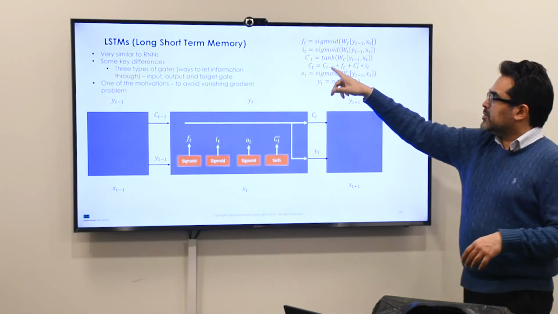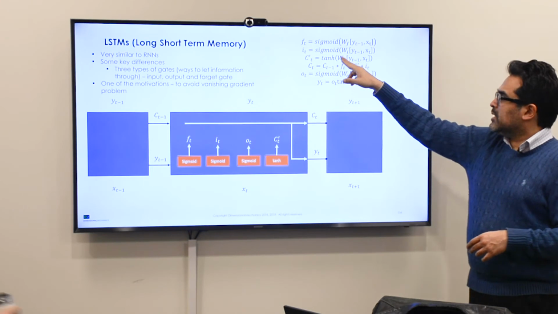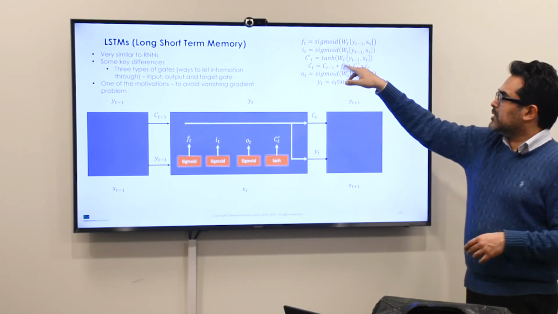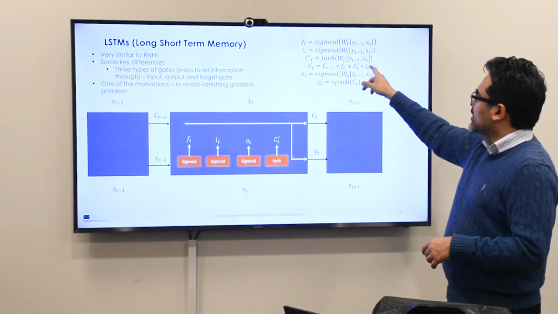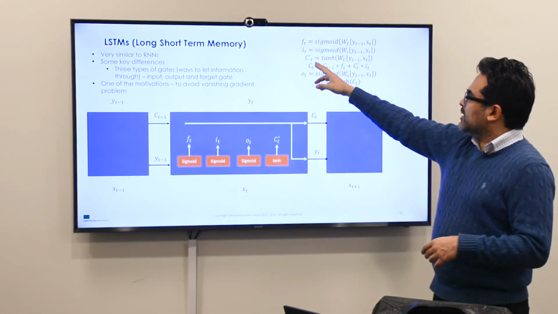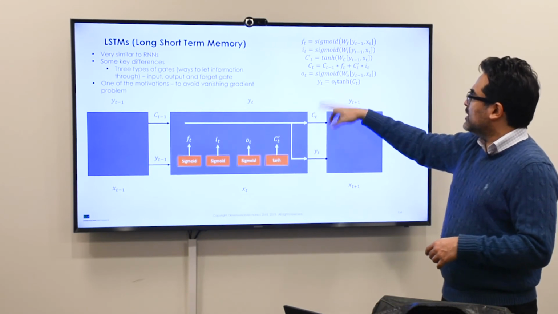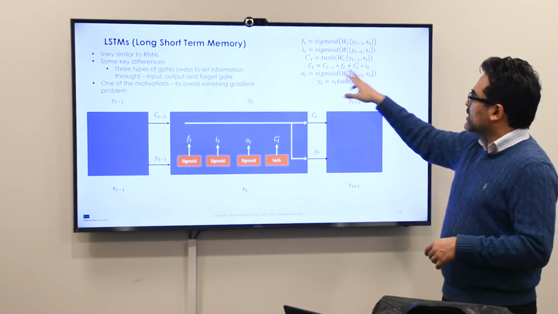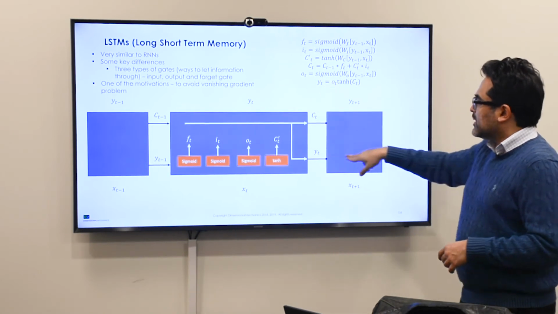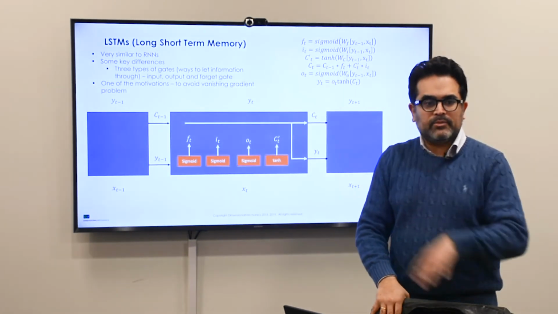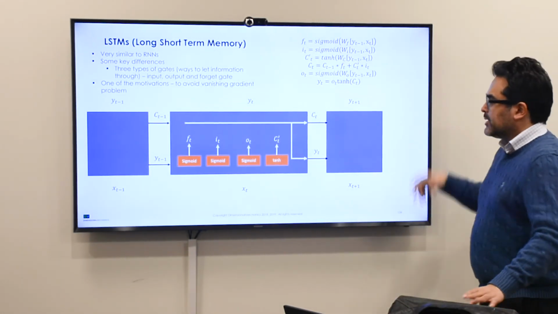Then you have a state transition matrix, a weight matrix for state transition, that gives you the next state transition, which is the c t. Then you have an output weight matrix, which calculates this o t. Combine all of that, and that gives you the next y t, which is the output of that particular transition. And then you keep repeating that.